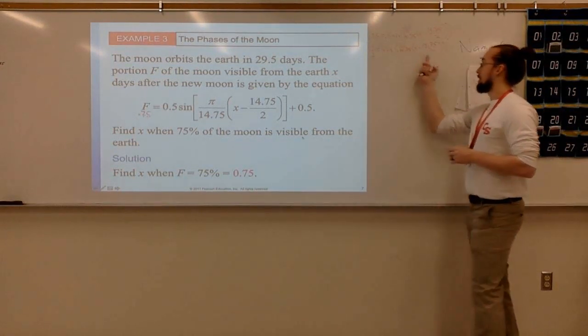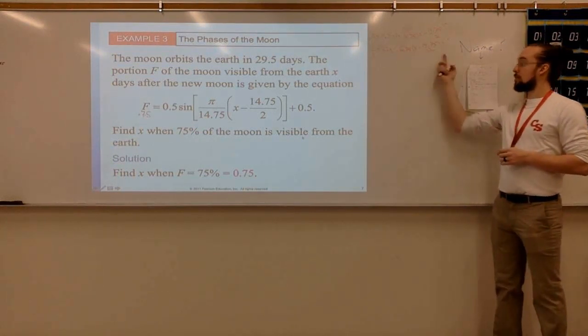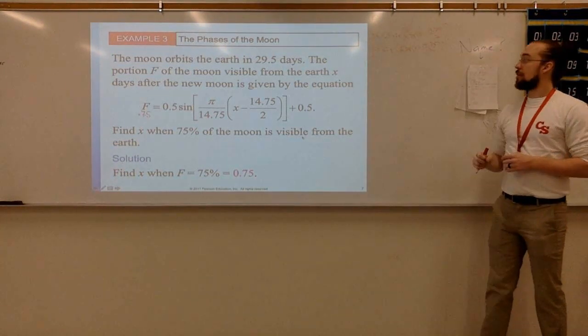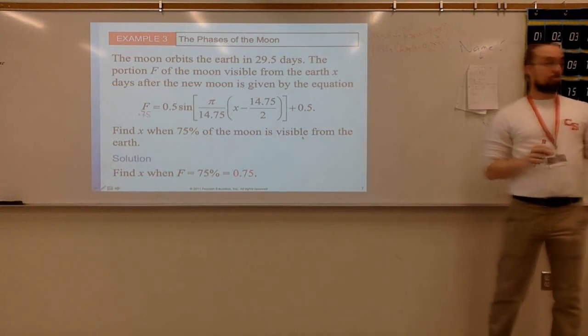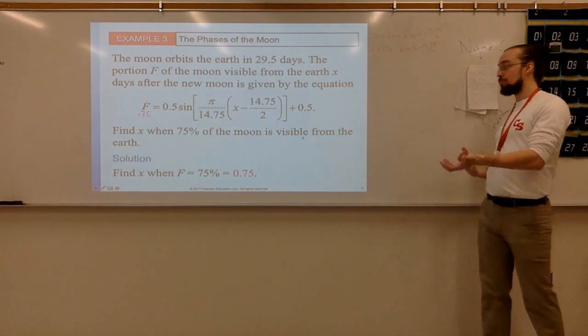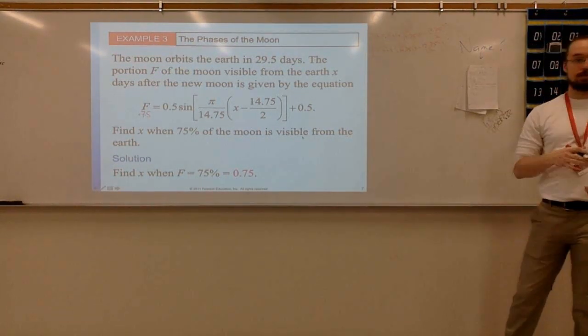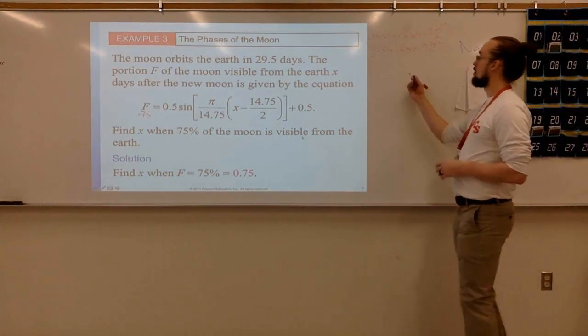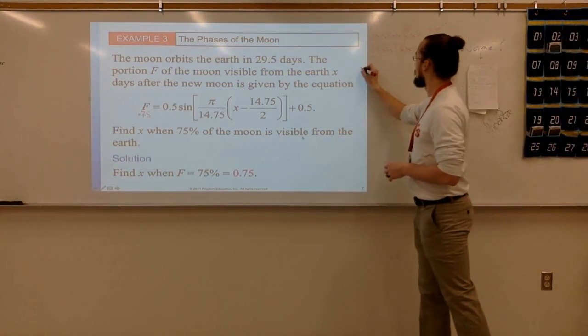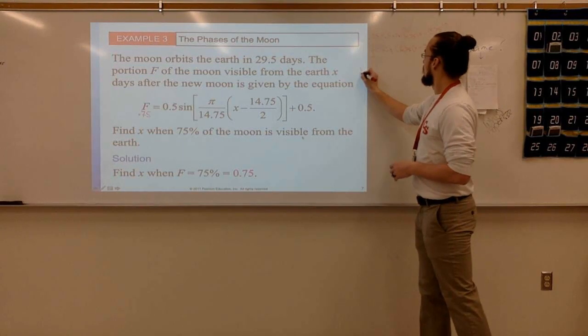So we can take everything that's on the inside here and set that equal to pi over 6 plus 2 pi n and 5 pi over 6 plus 2 pi n. So we'll have two separate equations here.